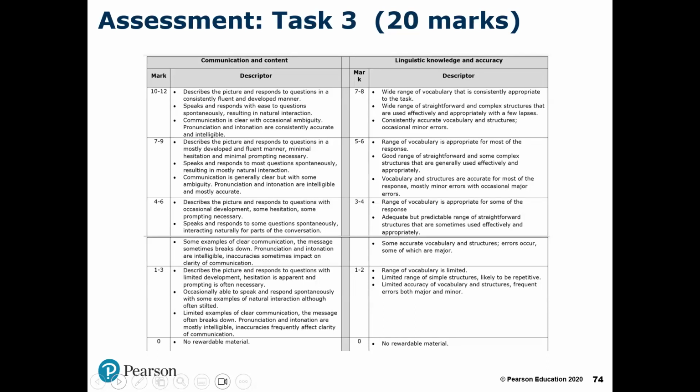So both of those two elements, linguistic knowledge and accuracy, are assessed separately, but within that 7 to 8 box. And you know, again, it doesn't need to be perfect for the 12 or the 8 marks. We don't necessarily expect perfection.